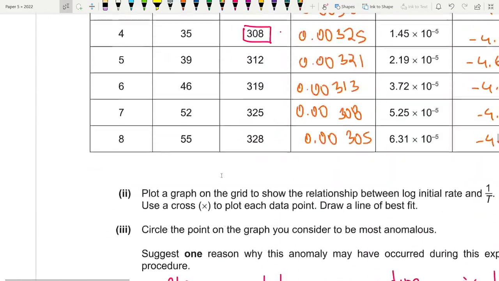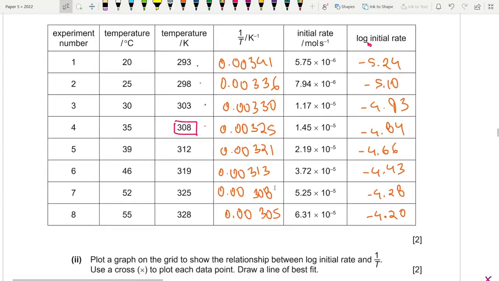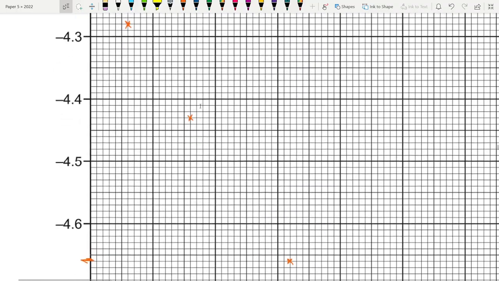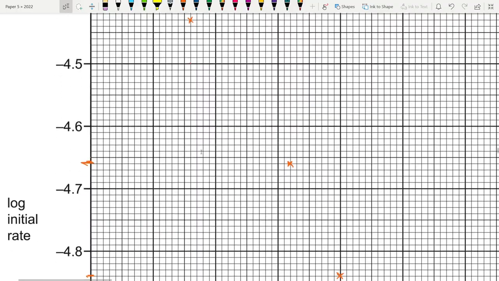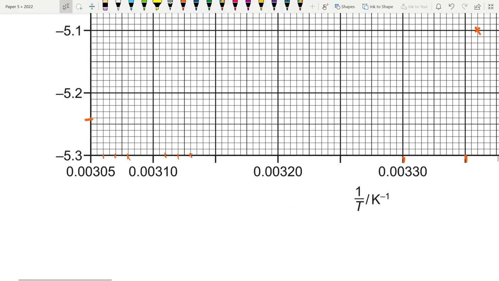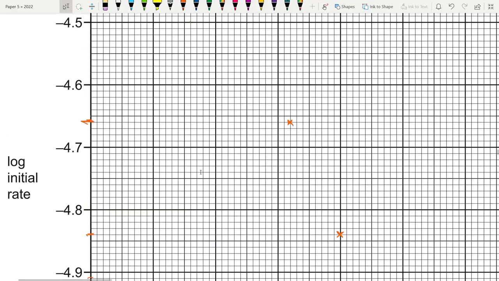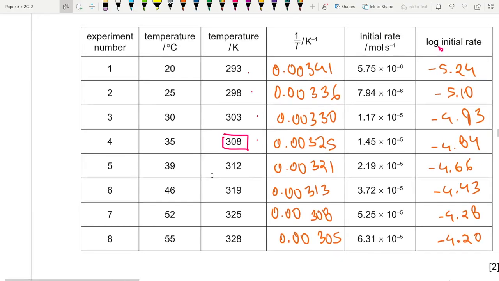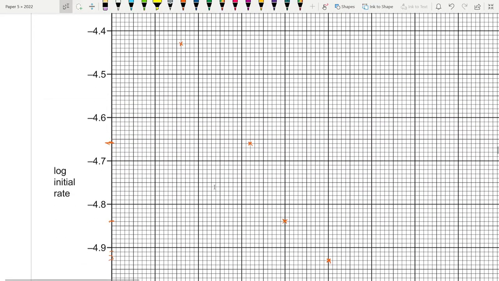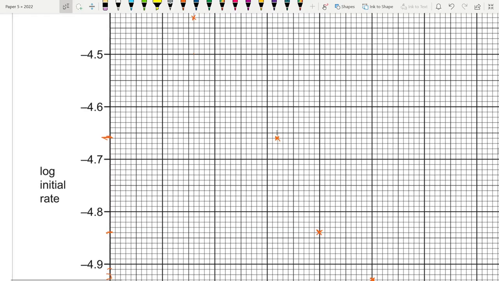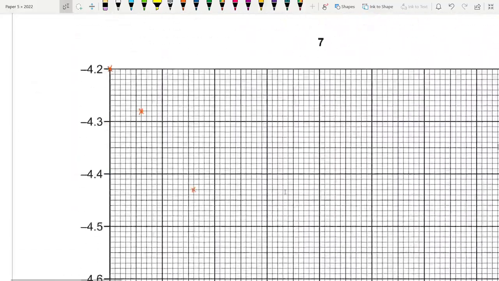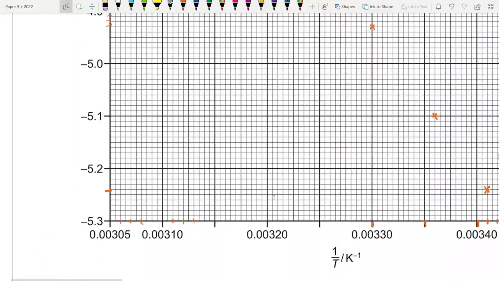You can look at the other ones. For example, 4.43, 0.00313. So 4.43, 3 boxes down below, 0.00313 over here, 6 boxes later. Then we have 0.00321 and minus 4.66, 6 boxes down below, and 0.00321, just 2 boxes after 0.0032.